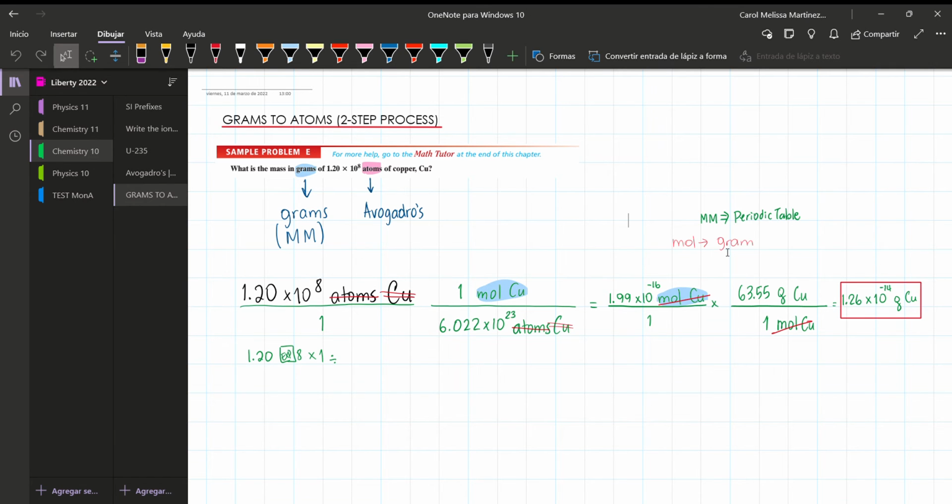This is the unknown, the mass in grams, and the known, the given, are atoms. So we need to analyze the problem in that way. Grams with molar mass, atoms with Avogadro's number. And we always want to put them in the way that we can cancel. Now, this is one way to do it, or you can do it in a single-line procedure.